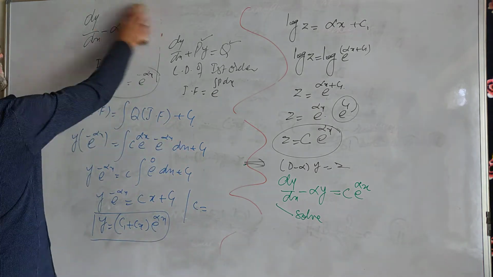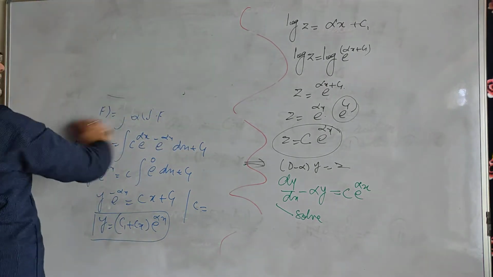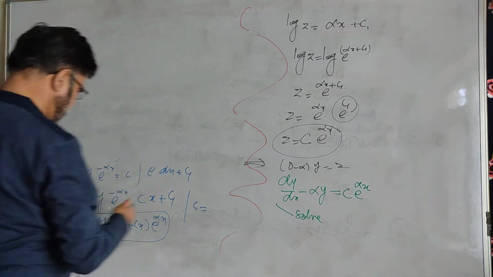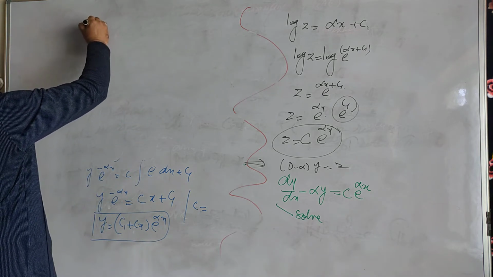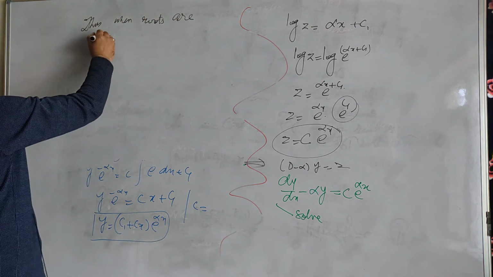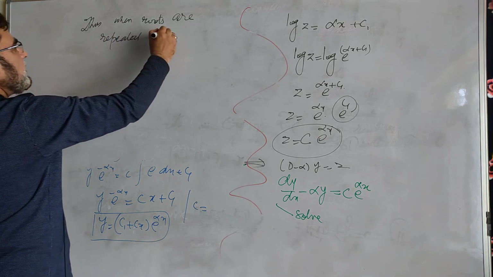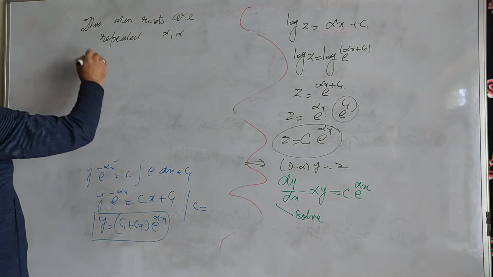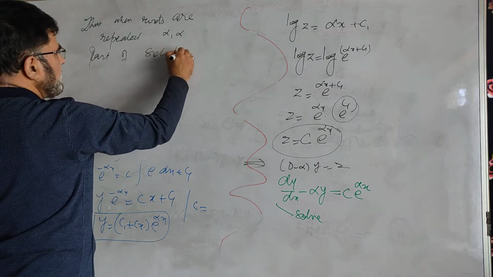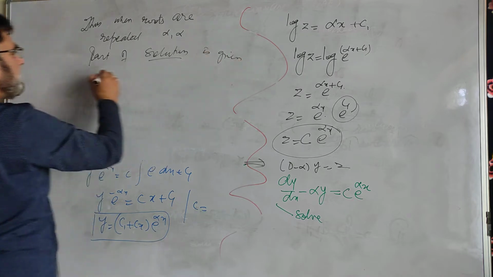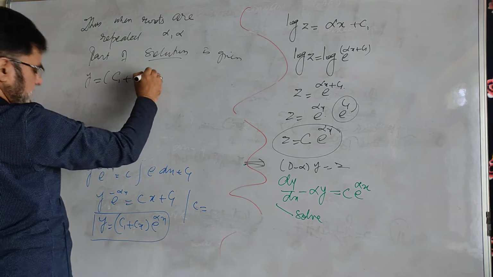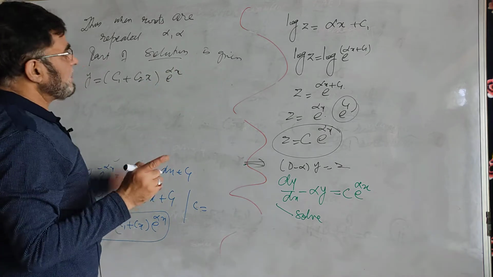So in the repeated case, thus when roots are repeated, alpha, so part of the solution, actually it is the part of solution, is given by y is equal to (c1 plus c2 x) e raised power alpha x, because alpha were repeated.